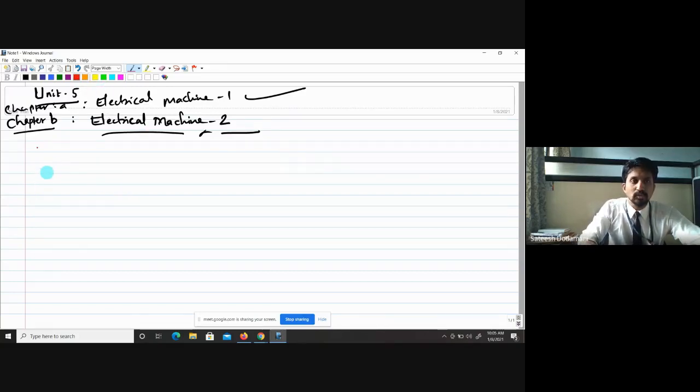This electrical machine 2 consists basically of 4 instruments, I guess.